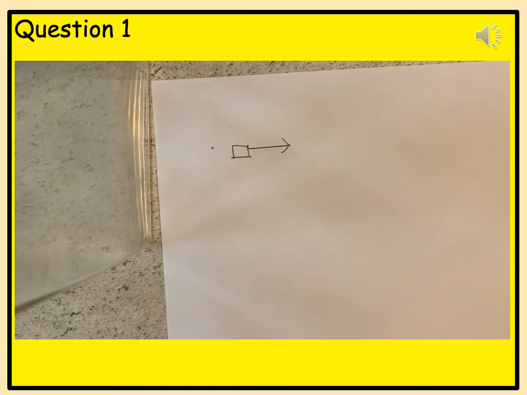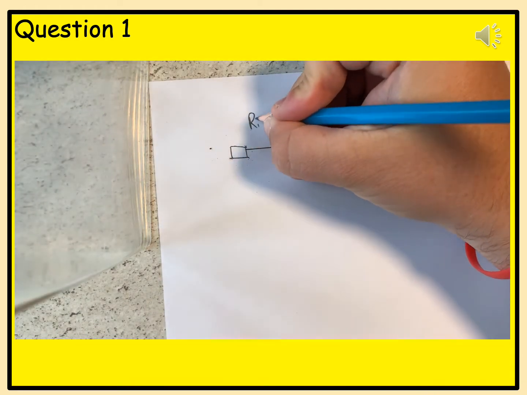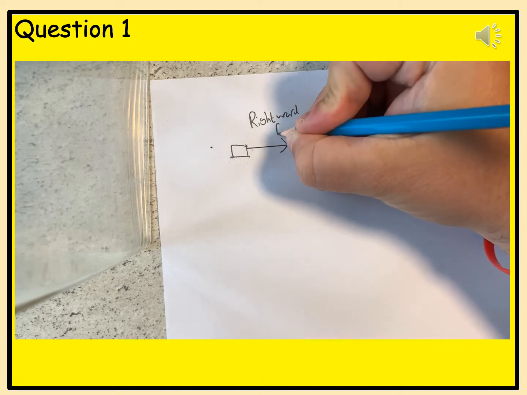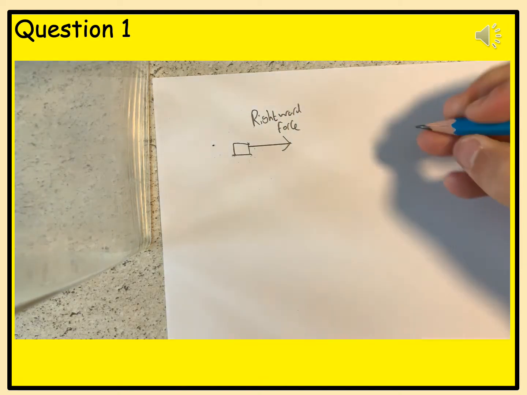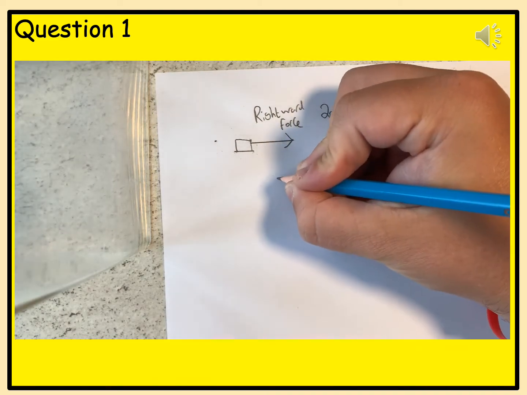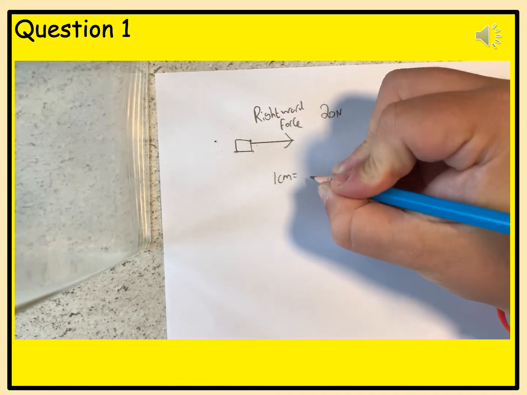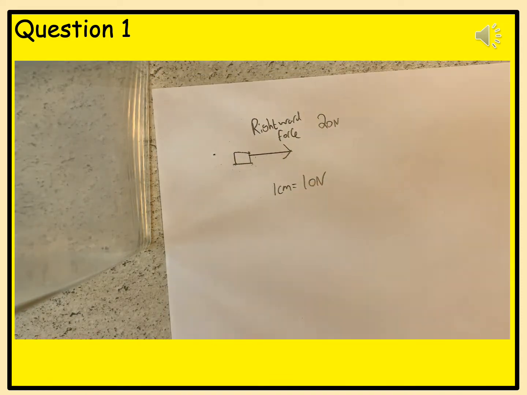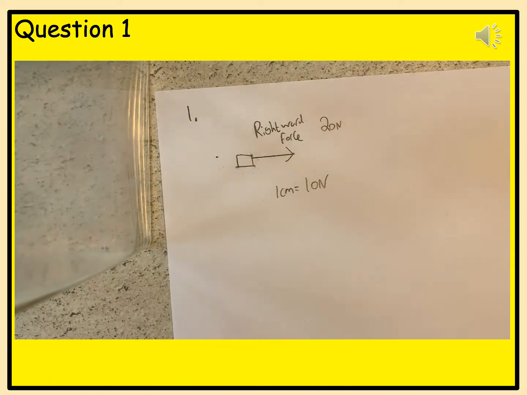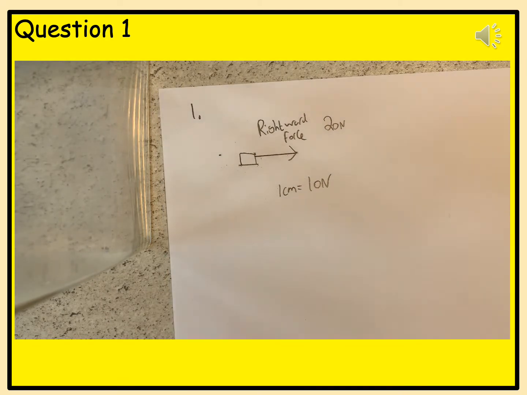I'm going to label that force as a rightward force, as we have no other name, and give it its value, and also put in a scale, 1 centimetre is equal to 10 newtons. And there is your answer for number 1. That is how you would draw a free body diagram for number 1.